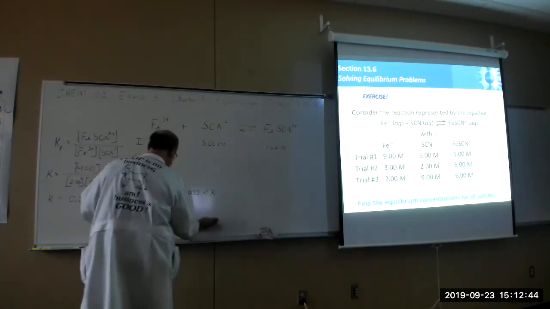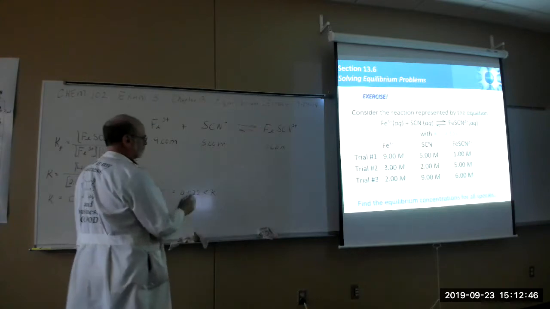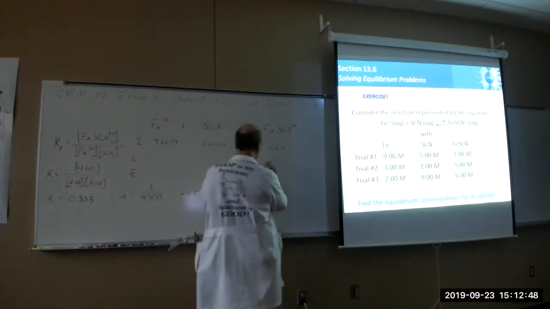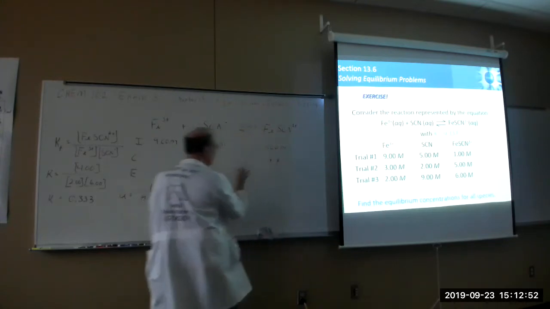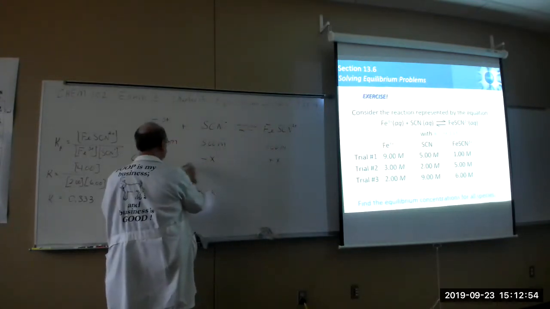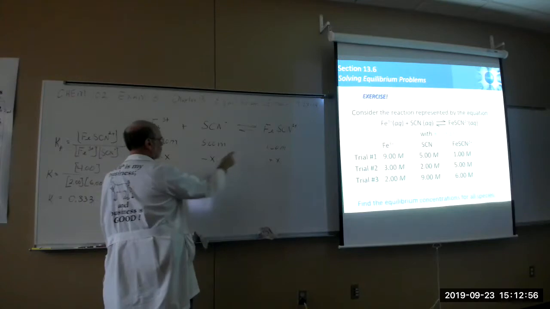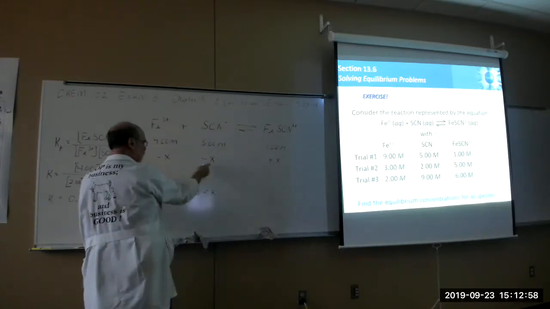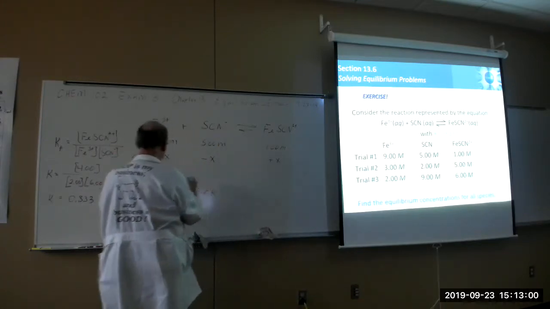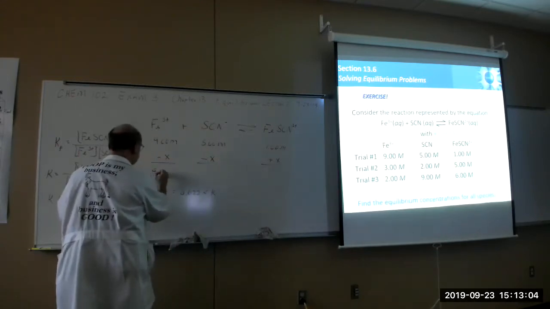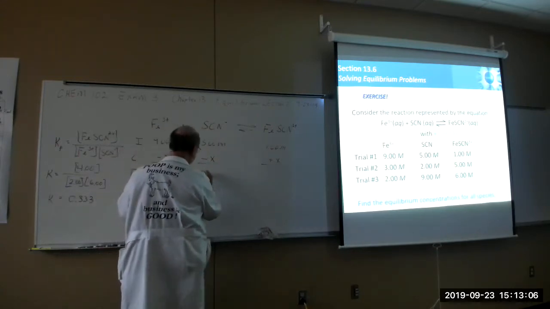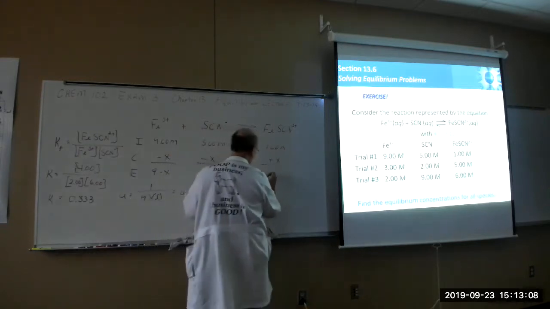So now that we know which direction it's going, we're saying we're going to add more of this one. So we're going to have to add some of that, and we're going to lose, since it's 1 to 1 to 1, an equivalent amount of that one. So now our equilibrium expression is 9 minus x, 5 minus x, and 1 plus x.